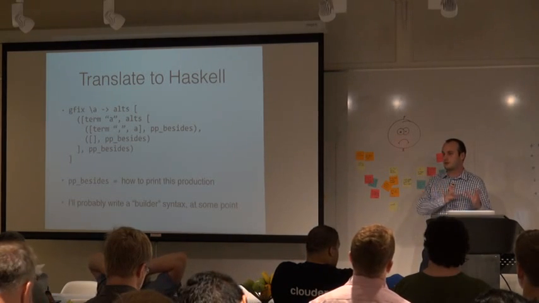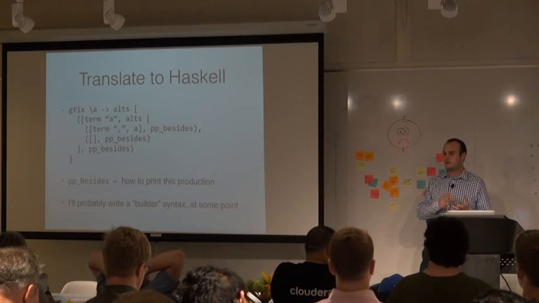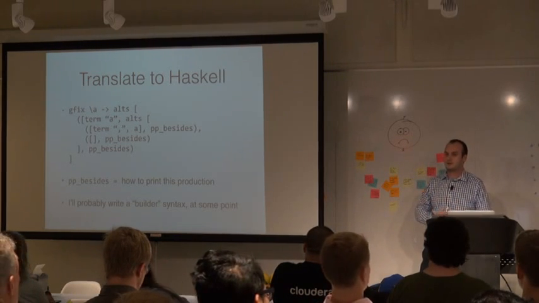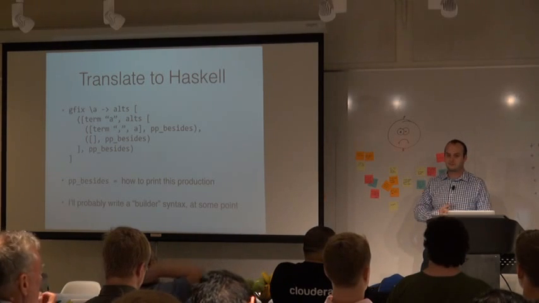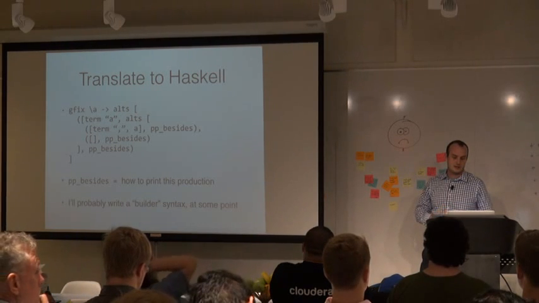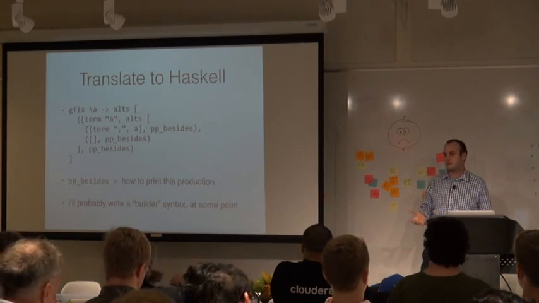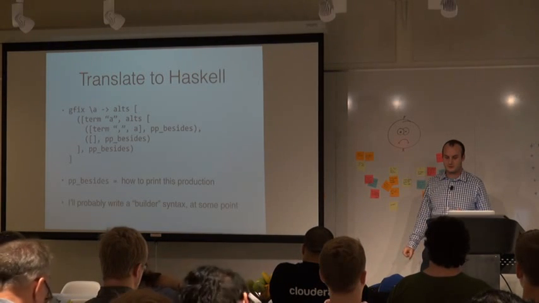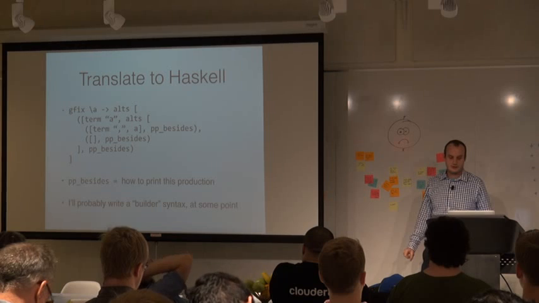So you have a grammar A and a grammar B, and you apply a function A to B to C to build up your result. And that's how you do it in Parsec with the functor instance.